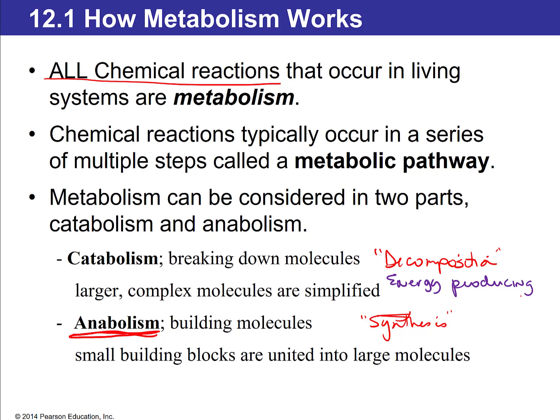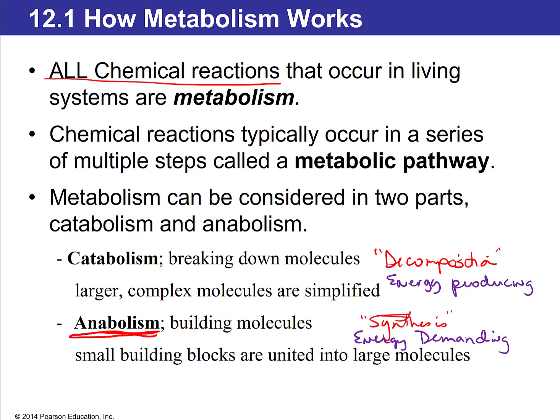So we can break down molecules and release the energy contained within the chemical bonds, and then we can use that energy to build molecules that are needed within the cell. One is energy producing, one is energy demanding.